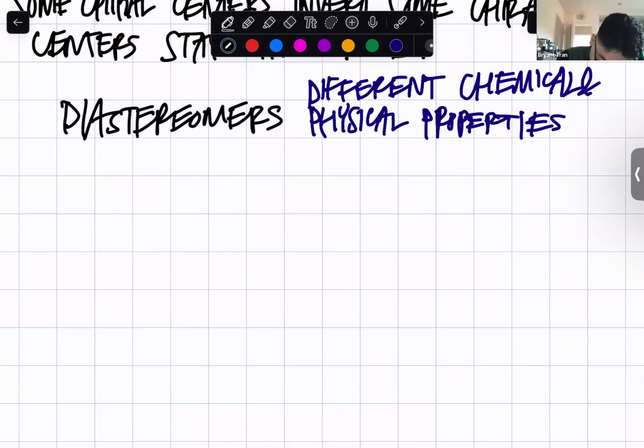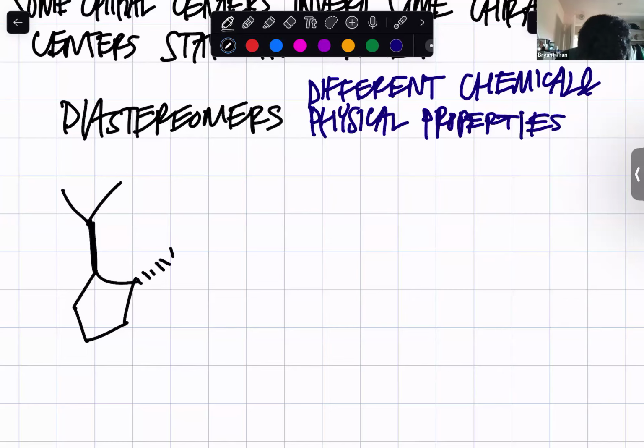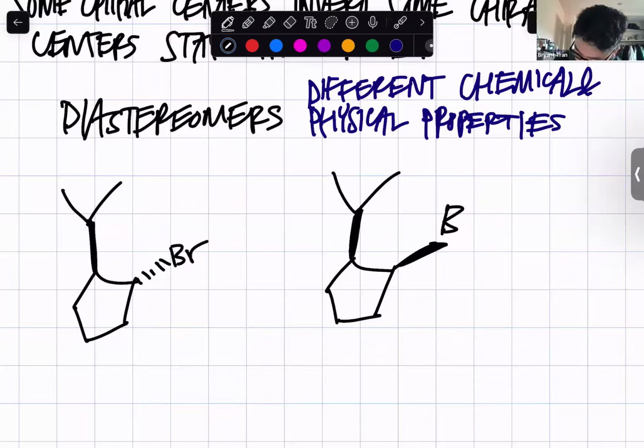Okay, so I'll give you an example of two molecules that are going to be diastereomers from each other, right? So let's say, for example, we have this molecule and this molecule here. There are two chiral centers.